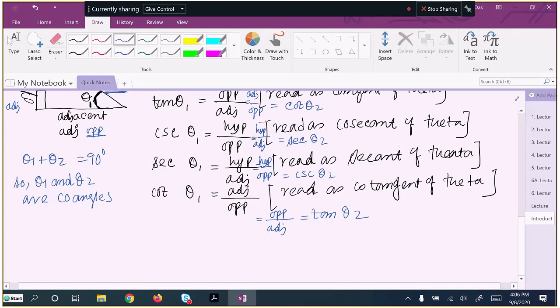So we will remember cosine as the co-trigonometric ratio of sine, cotangent as the co-trigonometric ratio of tangent, and cosecant as the co-trigonometric ratio of secant. And there is a very nice relationship that we're going to learn very soon between these co-trigonometric ratios.